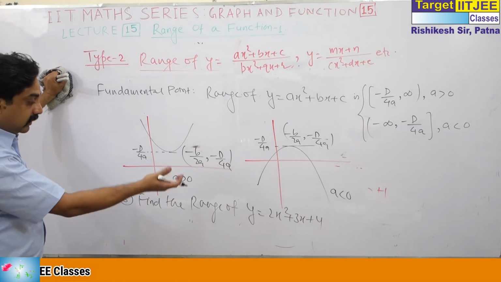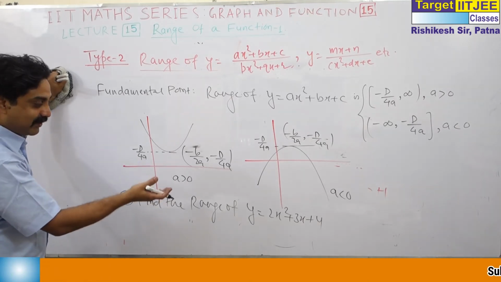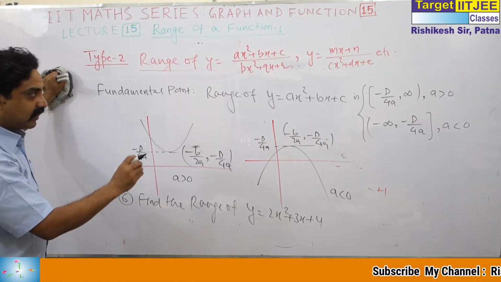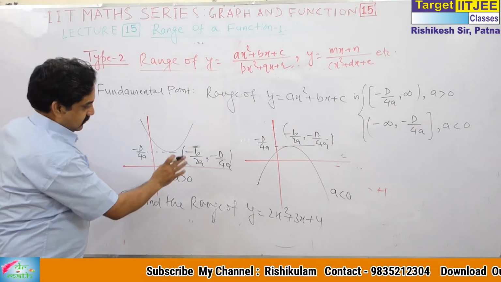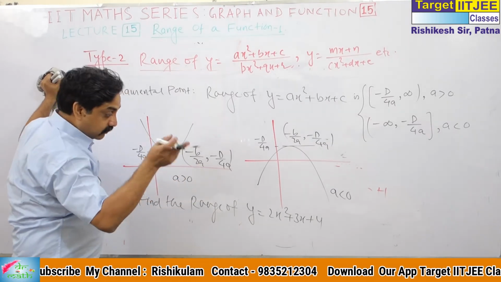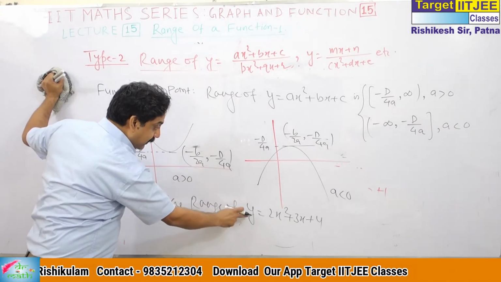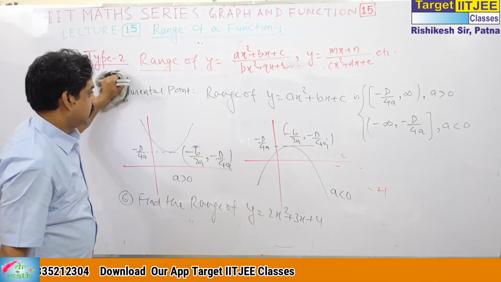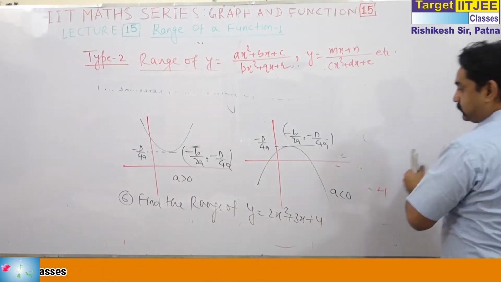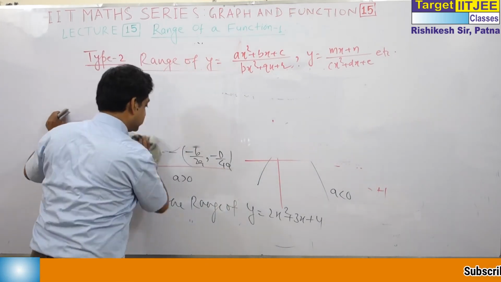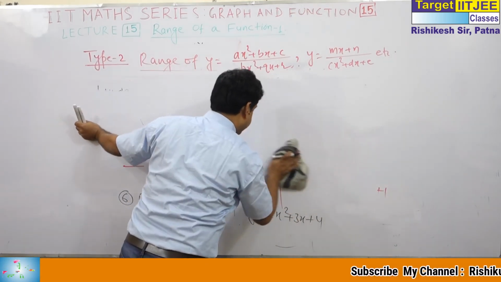See the process. Why am I going for the process? More or less what I am going to apply here, I will apply in other questions. So make types, that will work. Simple point, types.